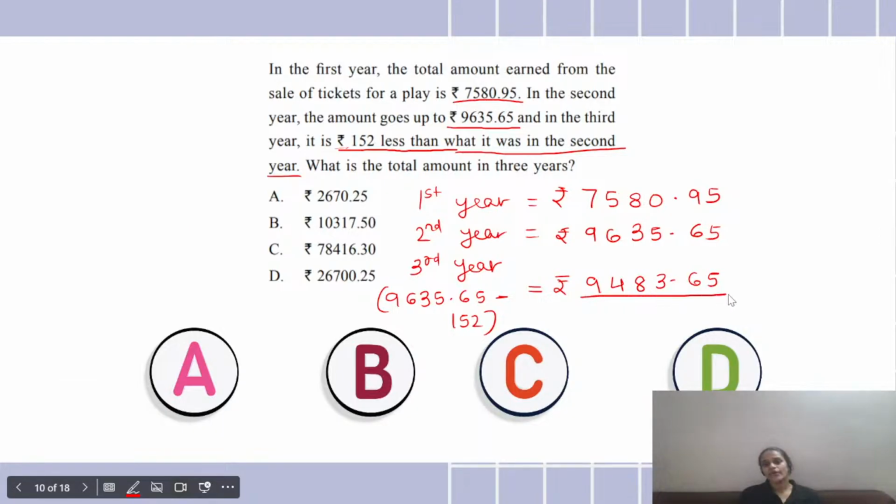So when I add all of these, I get rupees 26,700.25. So my final answer is option D, Banishika.